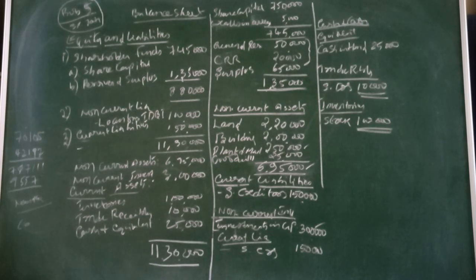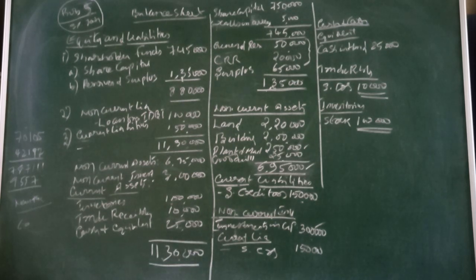So the non-current investment, 3 lakh rupees, you are showing, right? Non-current investments should come under the asset side of the balance sheet. Is there any current investment? If it is a short-term investment, it is a current investment, whereas in this case it is a long-term investment, so we are taking it as non-current investment.